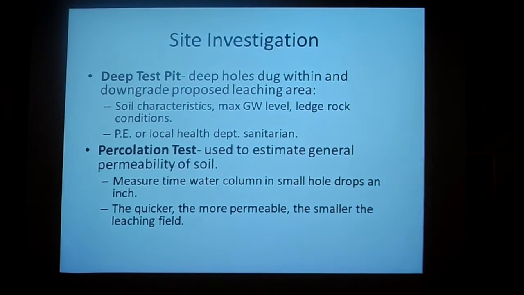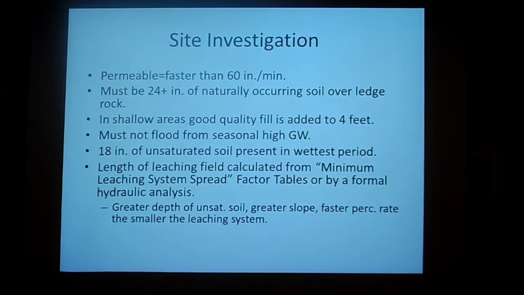You measure the time a water column in a small hole drops an inch. The quicker the water permeates into the soil, the more permeable it is and the smaller the leaching field. If you find your permeable rate to be faster than 60 inches per minute, then this is a very suitable condition.